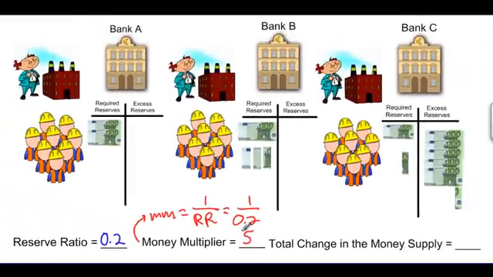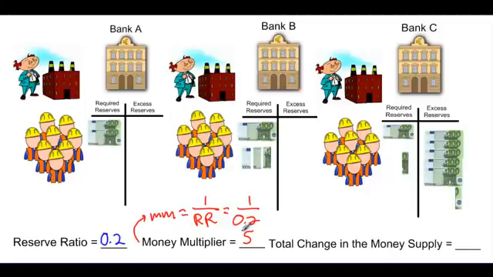This means that even though there's only 1,000 euros of hard currency in this economy, the total money supply can be a multiple of that 1,000 euros due to the fact that commercial banks are only required to keep 20% of their total deposits on reserve at any given time. Money is being created through the lending and borrowing from banks' excess reserves and the new deposits that are created by any money that is lent and borrowed.